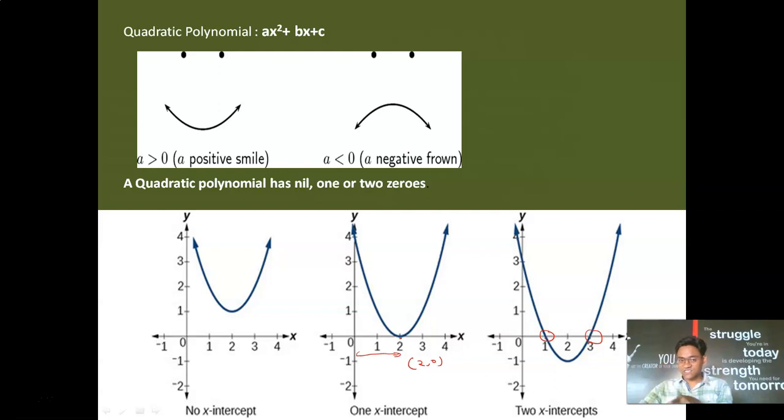Again, because these three are open upward, in these three cases the a is going to be greater than 0. You can see the value of a is greater than 0 in all of these three cases.